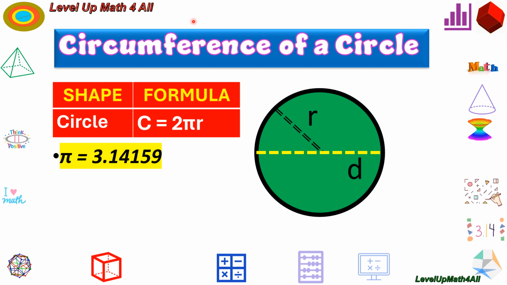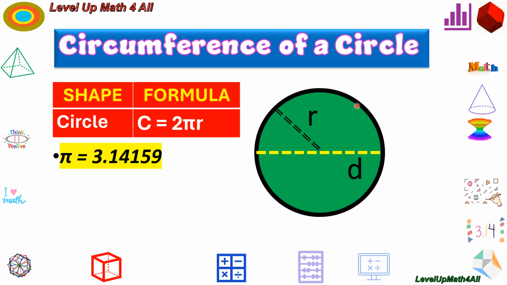So we talked about the radius and the diameter. Now let's talk about the circumference. What do we mean by circumference? The circumference is the measure of the region enclosed by the circle boundary. You see, I have highlighted the circle in a different color.